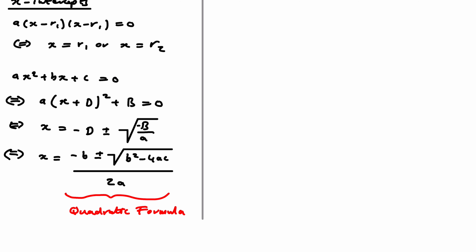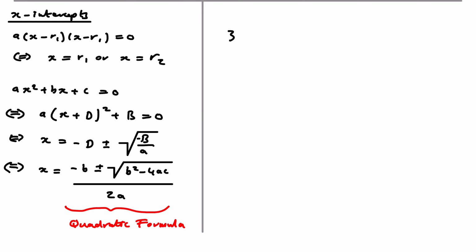So let's imagine I have 3x squared minus 12x plus 6 is equal to 0. So I'm actually going to complete the square here. So if and only if, let's bring out 3, x squared minus 4x plus 2 is equal to 0.